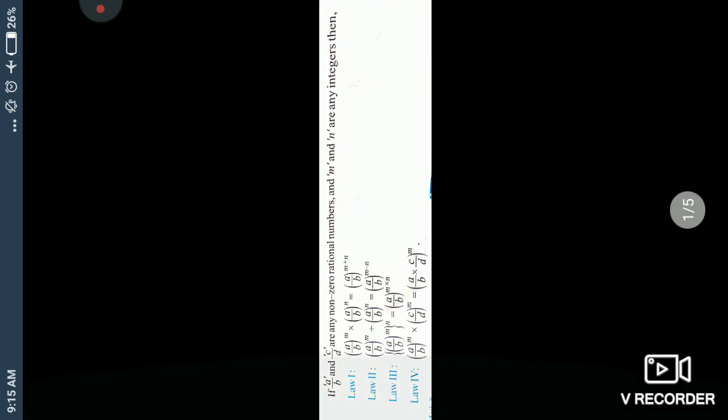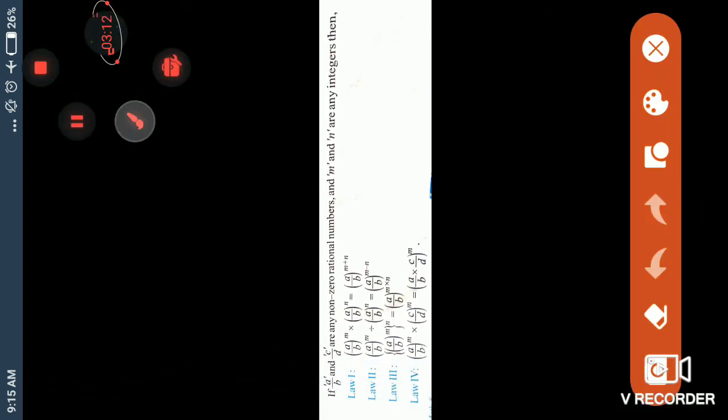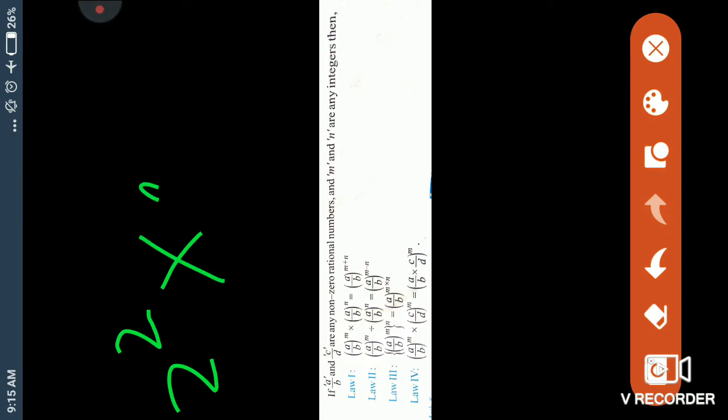Understand? And the fourth one is when the same power is applied to different numbers, for example 2 to the power 2 multiplied by 3 to the power 2. Look here, the powers are equal, 2 and 2.